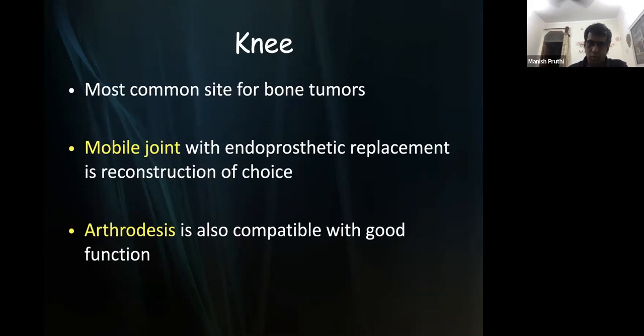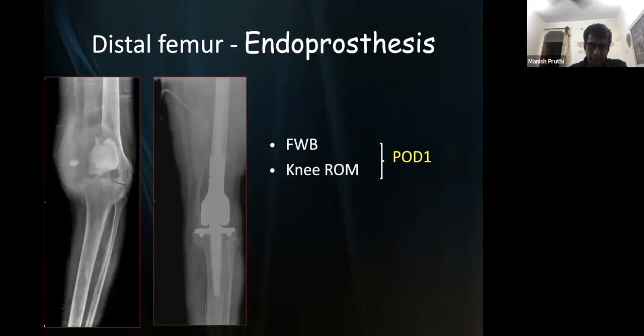We all know it is a mobile joint with an endoprosthetic reconstruction. Endoprosthetic replacement is the reconstruction of choice, and sometimes we do an arthrodesis, which is also compatible with a good function. So if we are putting a distal femur endoprosthesis, like in this case with the recurrent giant cell tumor, we can start the full weight bearing and the knee range of movement from post-operative day 1 or 2, depending upon the patient's pain.